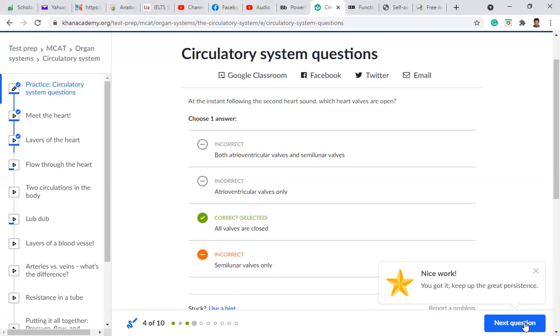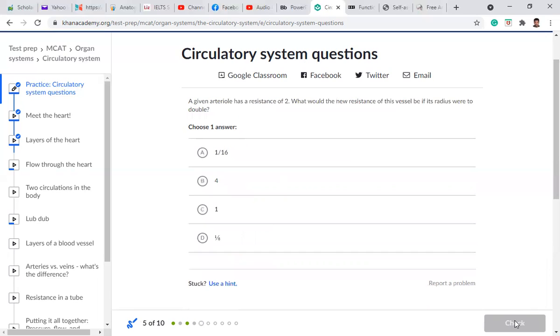So at that instant, they should be closed. If they are open, blood will regurgitate, flow back into the ventricles, and we don't want that to happen. But I think I will need to explain this further so that you will get a full picture when I'm teaching the cardiac cycle.